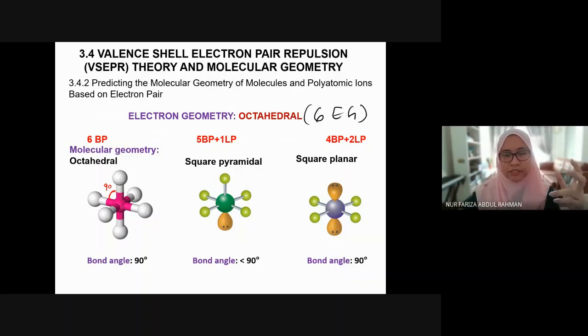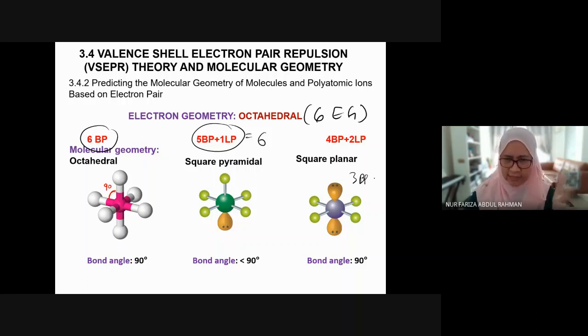Okay, all right. So 6 electron group can be in the form of all of the electron groups being bonding pairs, and then we can also have 5 bonding pairs, 1 lone pair. They are all still 6 electron group. 4 bonding pairs, 2 lone pair, and then we have 3. Tu yang dia tak tunjuk tu dekat sini, 3 bonding pairs.